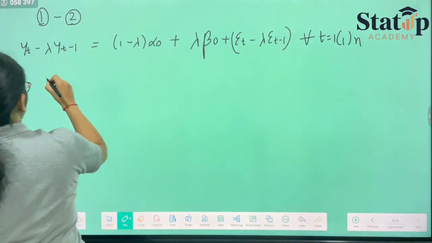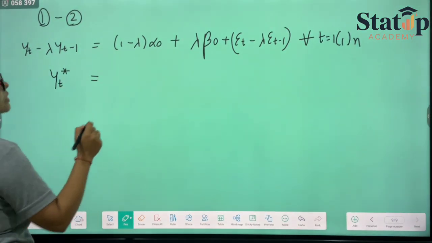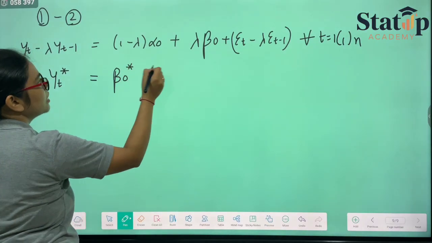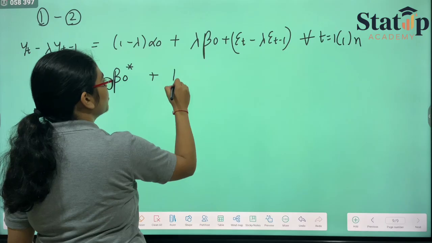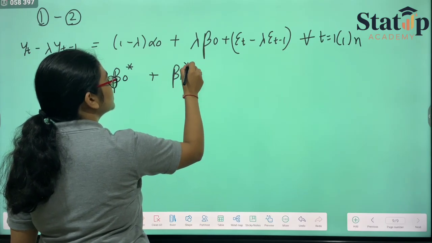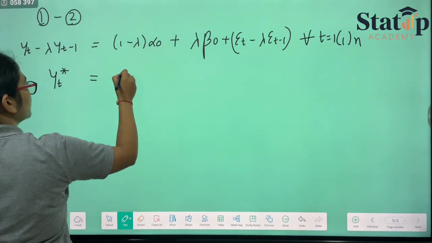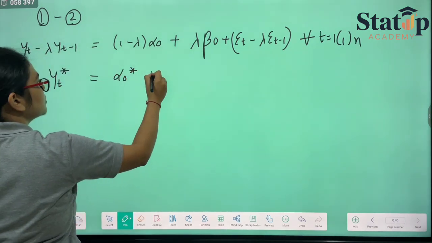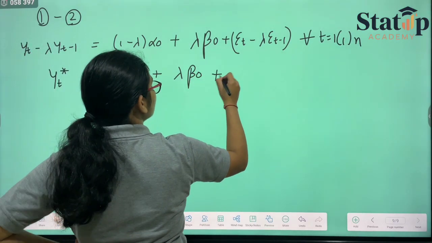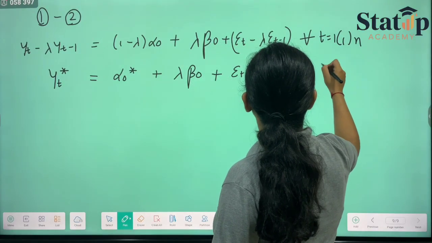Let us consider the left side as yt star, and let us take simple notation: alpha naught star plus beta naught star xt plus epsilon t star for all t from 1 to n.